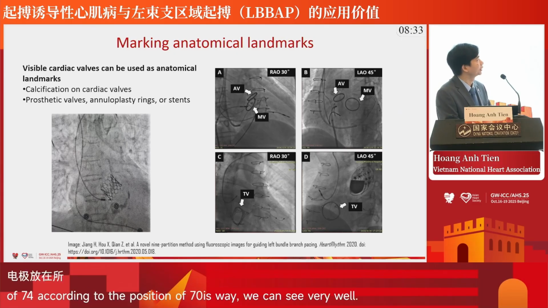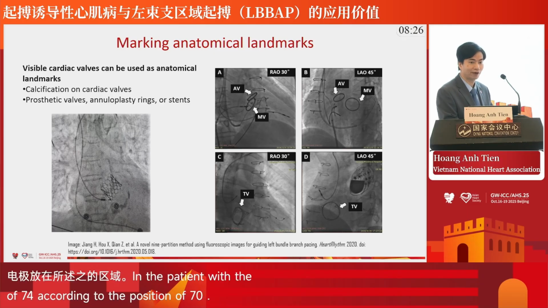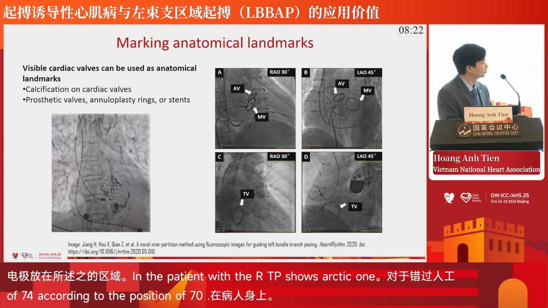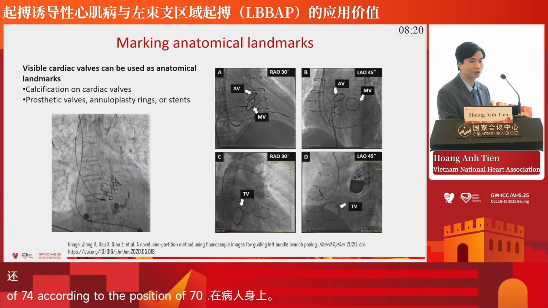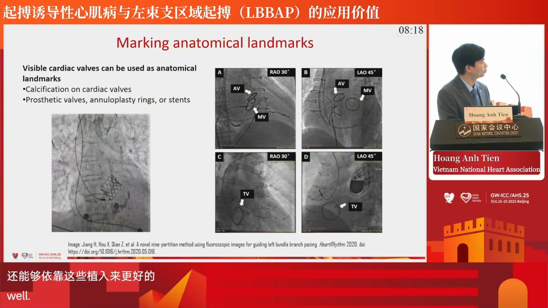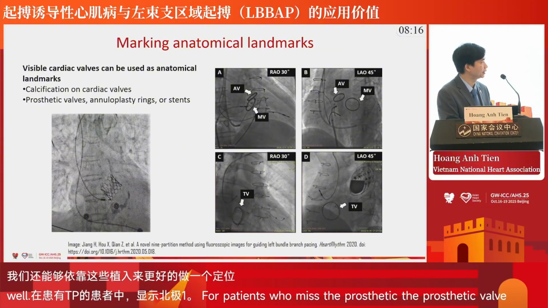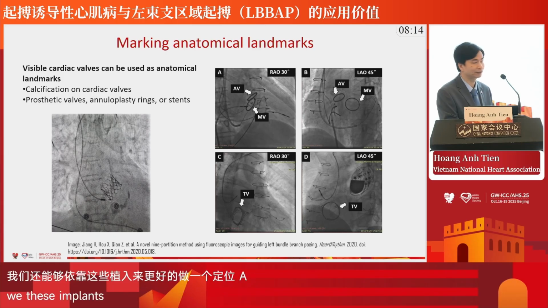We also have some special situations where we can rely on the marker. For example, in a patient with an artificial mechanical aortic valve, we can rely on the marker in the X-ray, and the position of the left area pacing is below the aortic valve.